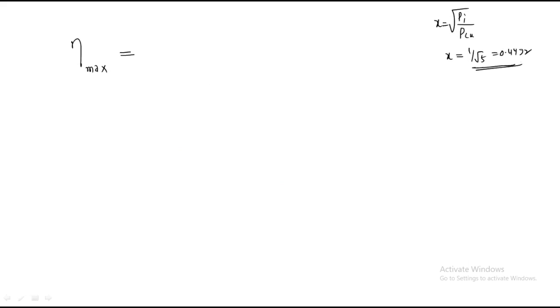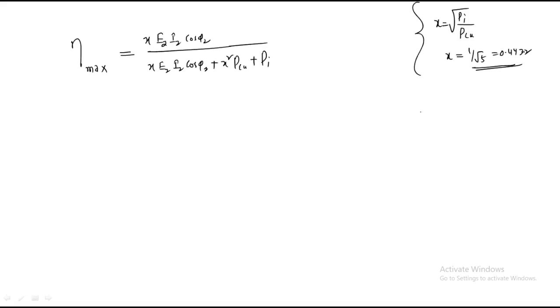0.4472. So efficiency equals x into E2I2 cos phi 2 divided by x into E2I2 cos phi 2 plus x square into PCU plus Pi.